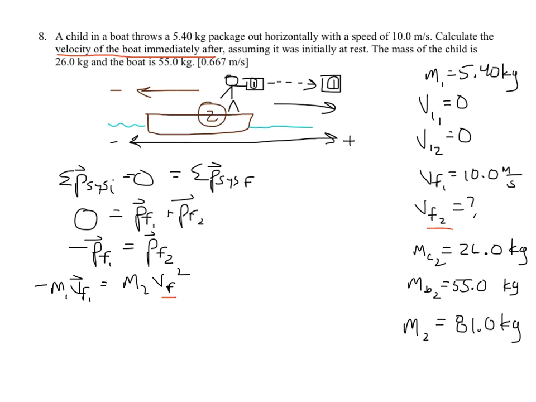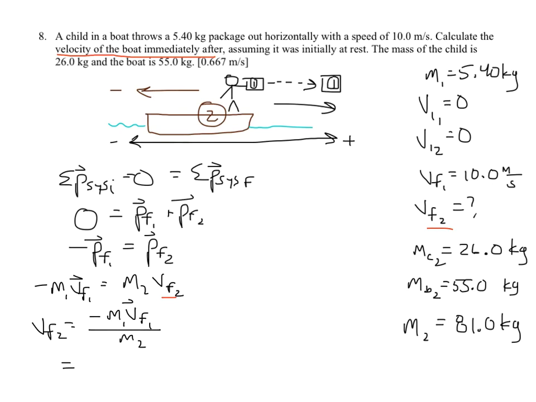Oh, you know what? I accidentally put the 2 as a superscript. It looks like it's squared. It should be final velocity of 2 down at the bottom right there. That's what I wanted to do. Let's divide by mass 2. So the final velocity of 2 is going to be negative m1 v final 1 divided by mass 2.